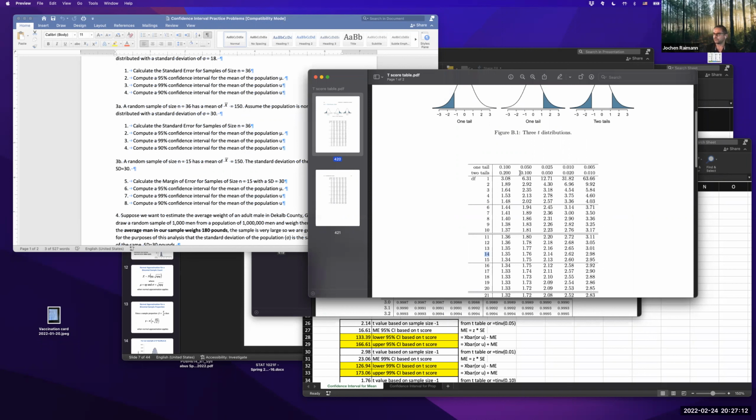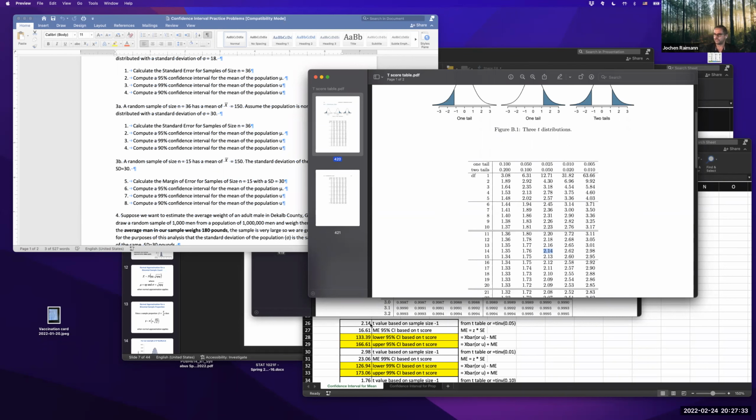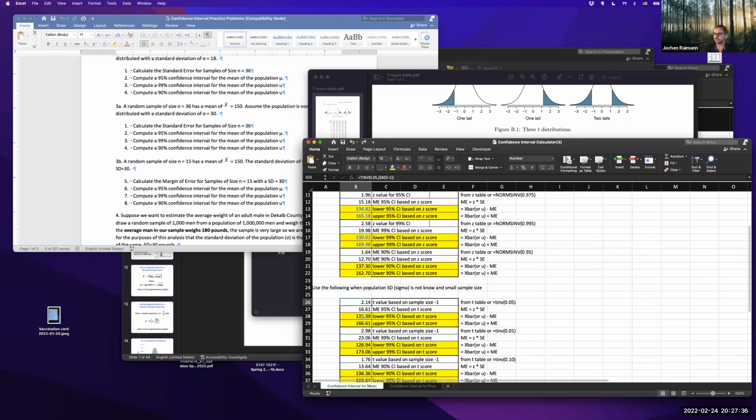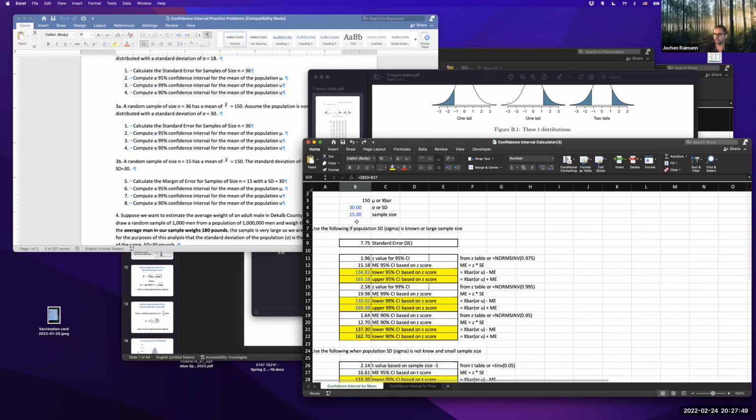And now you will always assume two tails. So two tails essentially is here at 5%. So for 14 degrees of freedom with two tails and alpha of 0.05, you have 2.14. 2.14 gives you a 95% confidence interval of 133.39 and 166.61, based on degrees of freedom of 14 and the known statistics of your sample.